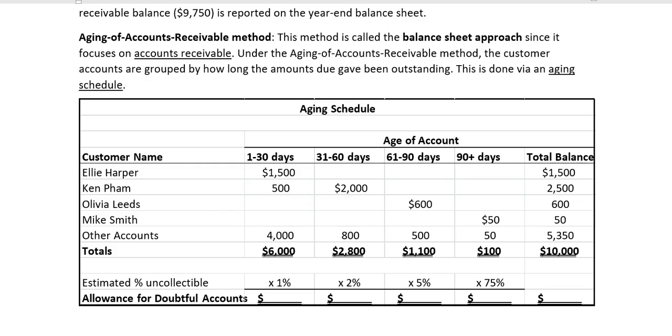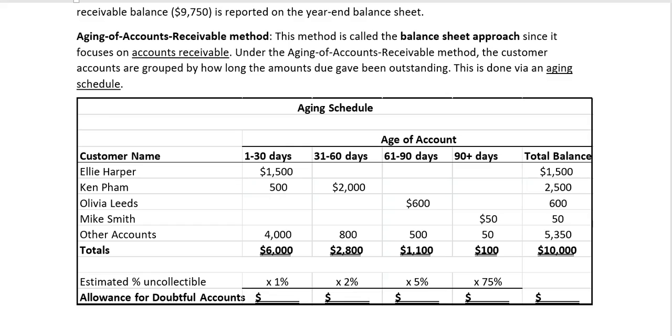So if you look at the schedule here, we have 5 customers, or actually 5 categories. The last one is a mix. So what we're doing here is just keeping track of how old each balance is and tying it to not only a specific customer, but a range of days, right?